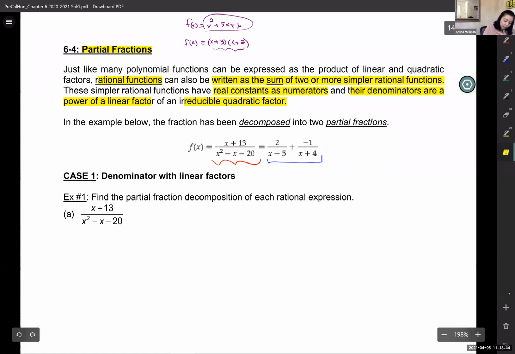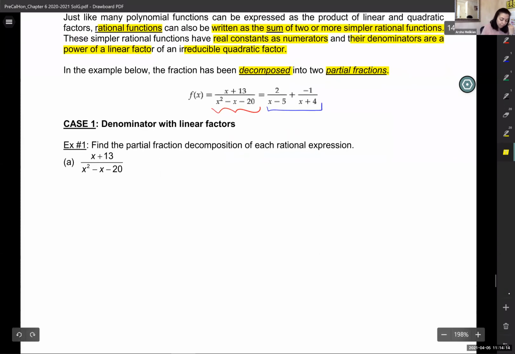The process by which we do this is called decomposition, right? So what you see here is that this fraction has been decomposed into two partial fractions. So this is called partial fraction decomposition, okay? It's a mouthful. All right, there are a few cases that you can run into with partial fraction decomposition, and we're going to take them case by case.